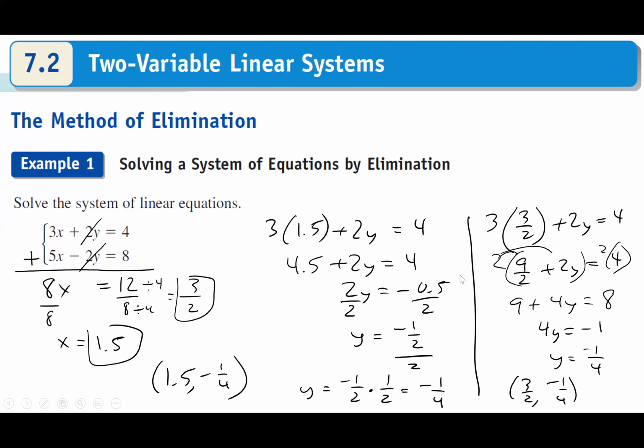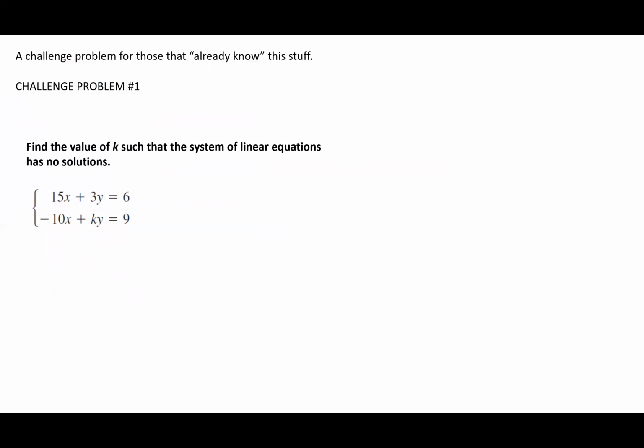Luke, did you say easy? Oh, awesome. Luke, we have a problem just for Luke right over here. Why would you do this? We have: find the value of k such that the linear system has no solutions.